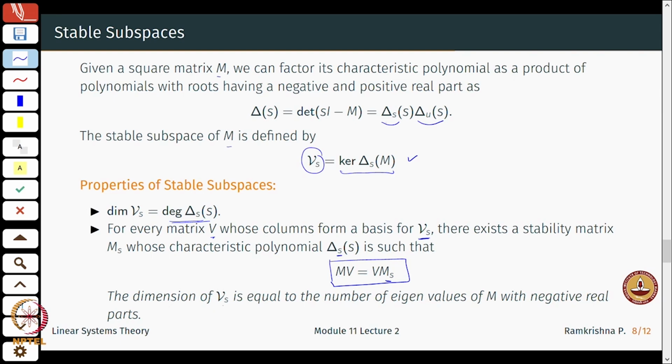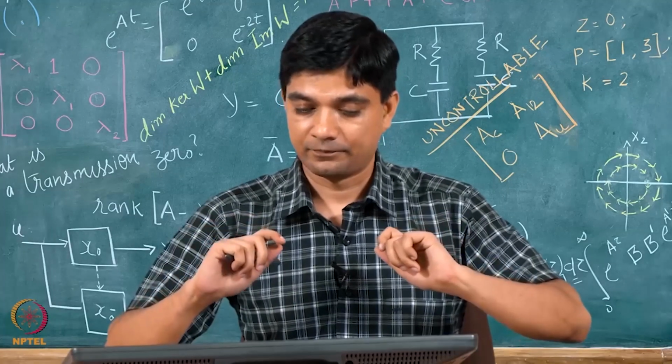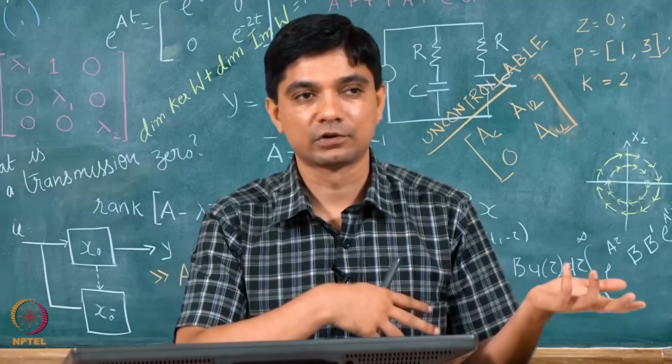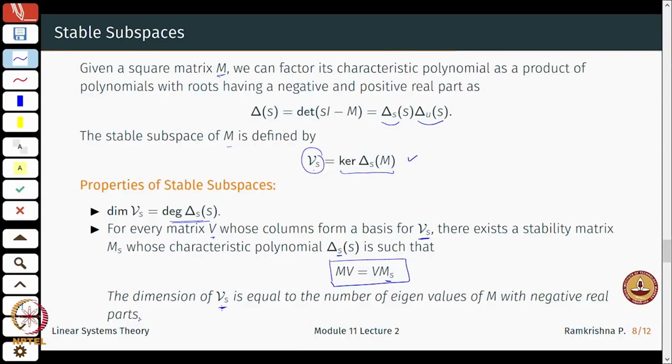That the dimension of V_s, the stable subspace of M, is equal to the number of eigenvalues of M with negative real parts. It is just in general. I do not know what the matrix M is, I just know it is a square matrix, and I can factor its characteristic polynomial as a product of polynomials which has roots on the left half plane, roots on the right half plane, and so on, and I can say that the dimension of V_s is equal to the number of eigenvalues of M with a negative real part.